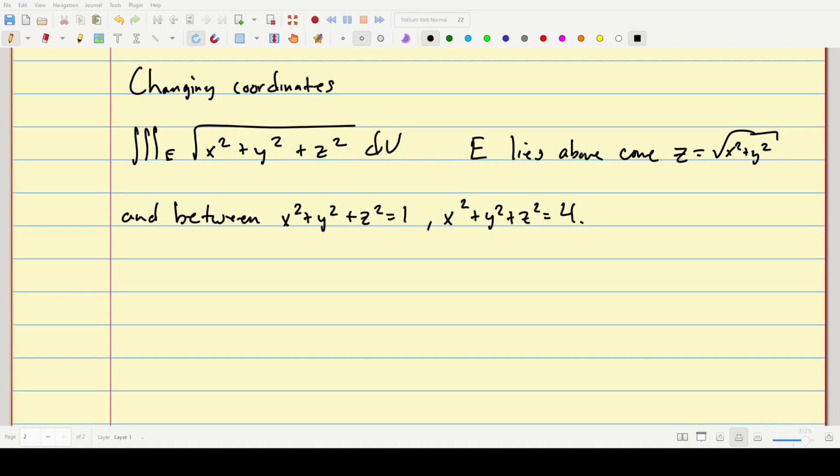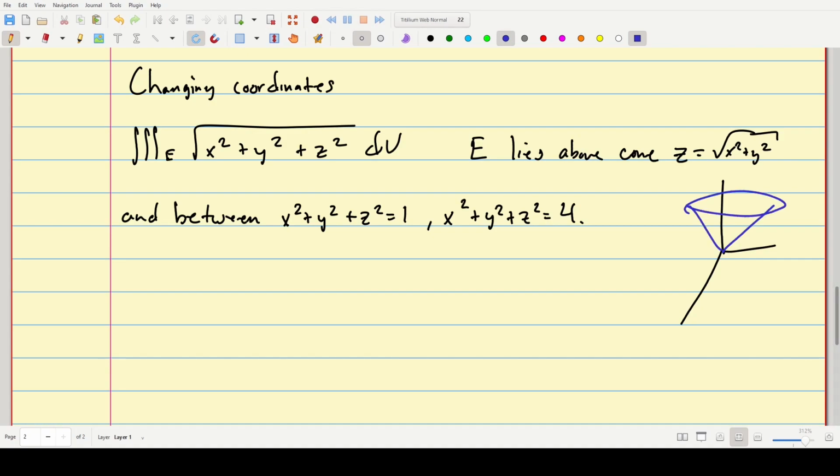So this expression here is one that you need to be familiar with, or at least if you're working homework problems, familiar with what this looks like.